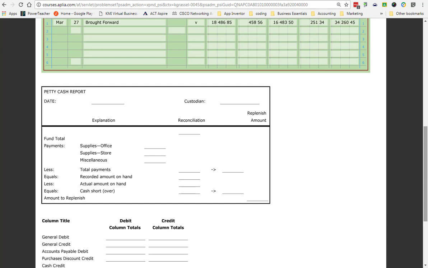If it was supposed to have $15.50 in there and you actually have $16, then it would be an over of $1. So a short would be a debit and an over would be a credit. No different than an expense versus a revenue. If you're short money, it's kind of like an expense, you just have to deal with it. If you have extra money, it's kind of like additional money that would come in, and it would have a revenue or a credit balance.